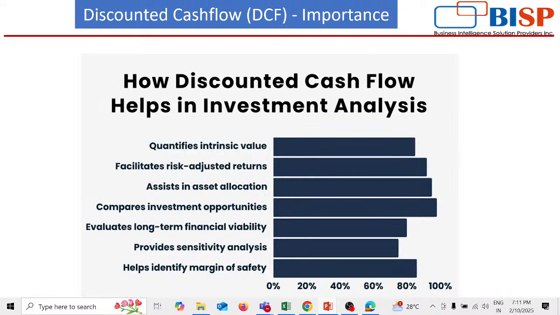So this will facilitate risk-adjusted returns. It will assist in asset allocation. Of course, you can compare the investment opportunities. So to find out whether your future investment is safe or not, we will adopt the discounted cash flow method.